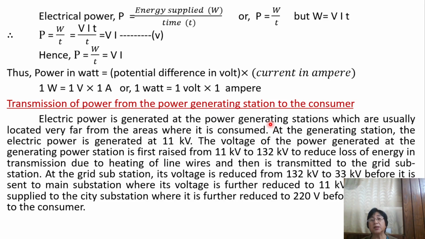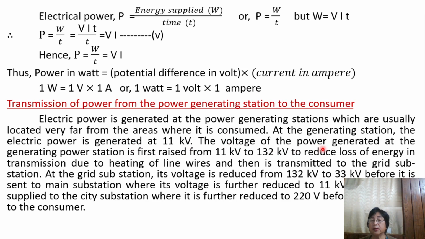Rather, they are usually very far from the point where it is consumed. Now, at the generating station, the electric power is generated at 11 kilovolt. When we say 11 kilovolt, it means this should be multiplied by 1000 to get it in volt, so it will be 11,000 in terms of volt.